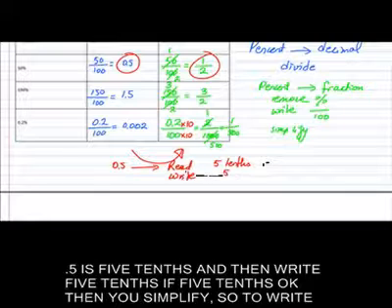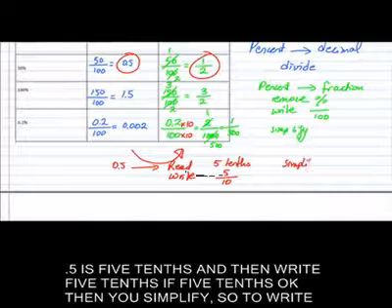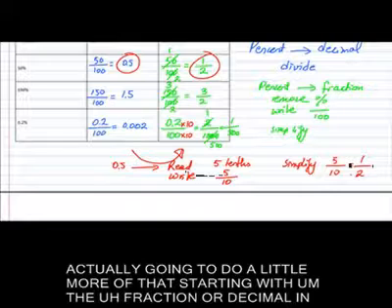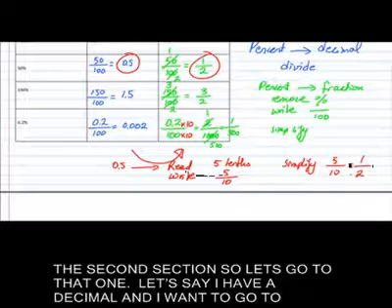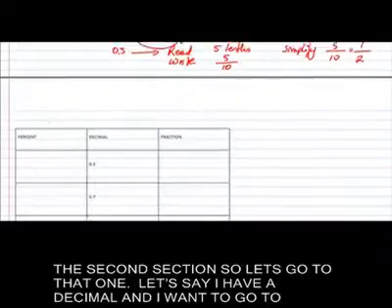Then you simplify. 5 divided by 5 is 1. 10 divided by 5 is 2. We're going to do a little more of that, starting with the fraction or decimal in the subsequent section. So let's go to that one.